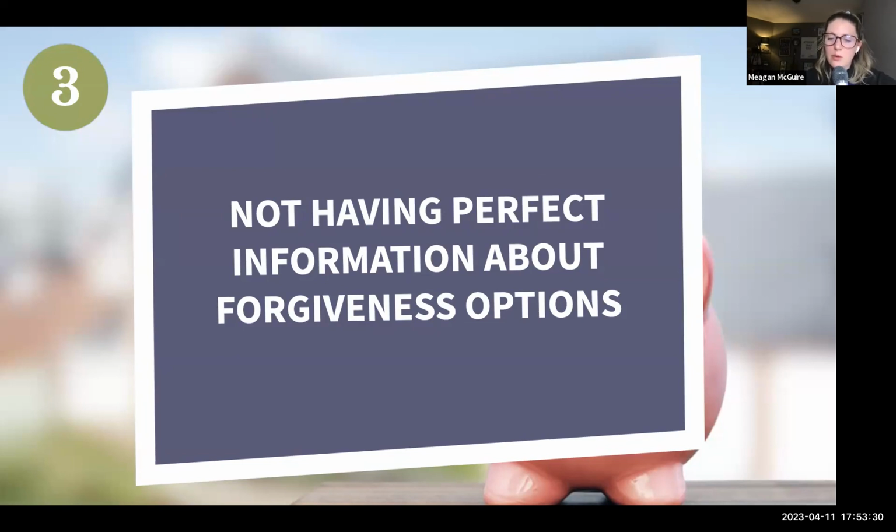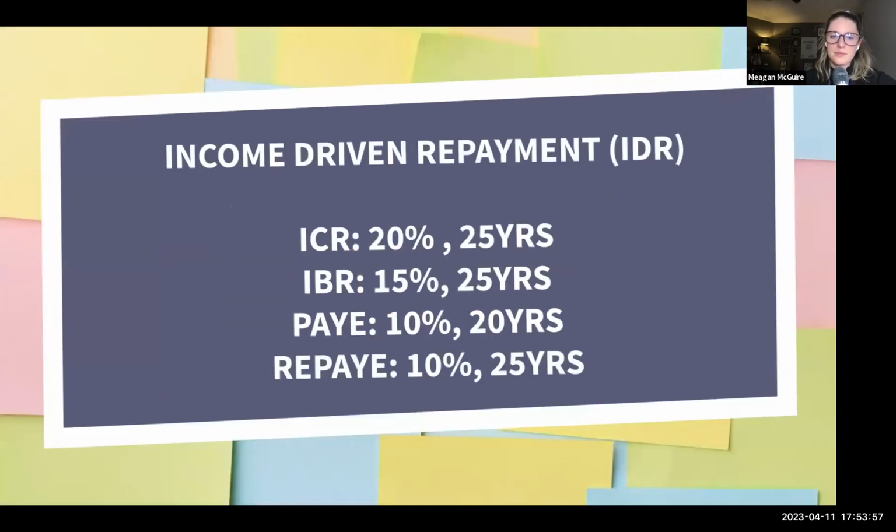You can communicate with your loan servicer about making sure you're on track, or again, with a professional. There's lots of free content on studentaid.gov and Student Loan Planner's website about how to qualify, how to maintain eligibility, how to reduce your payments, things like that. So just make sure you have the right information and you stay on track over time.